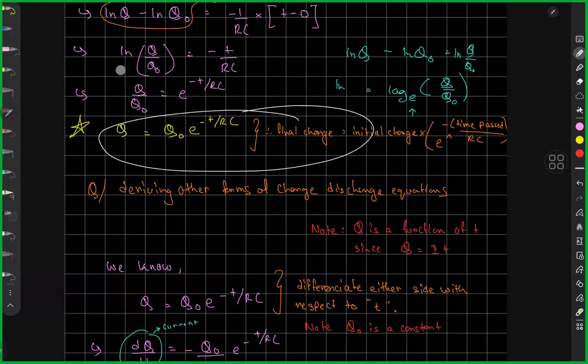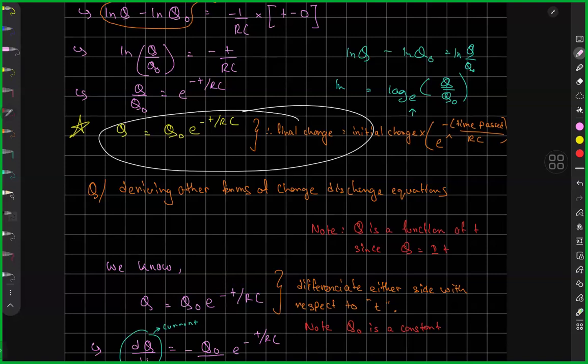Hence I have Q by Q naught is equal to E to the power of minus T by RC. Okay.